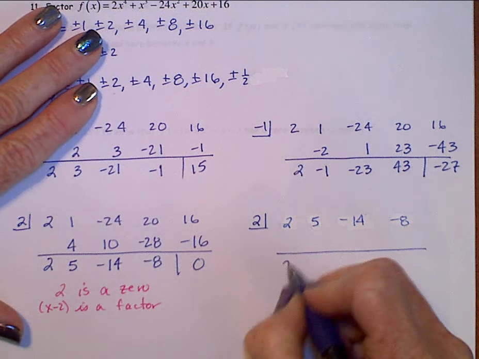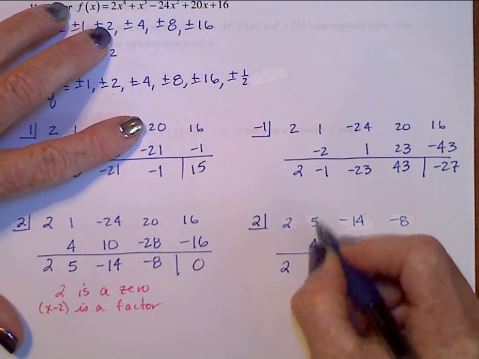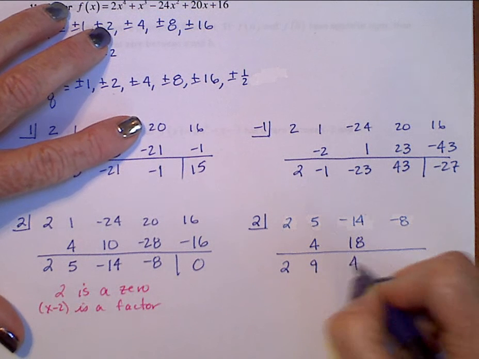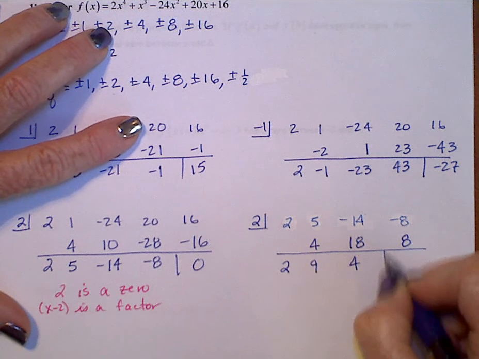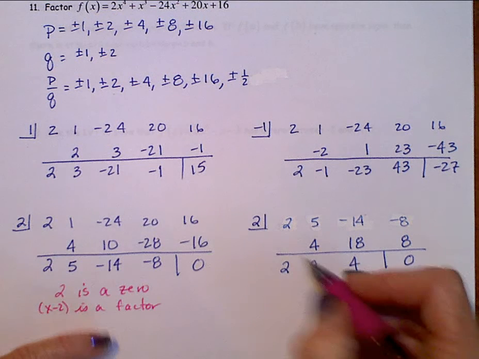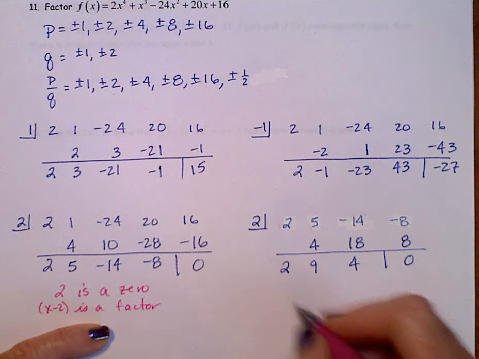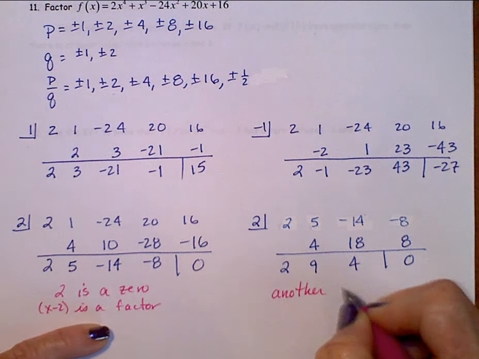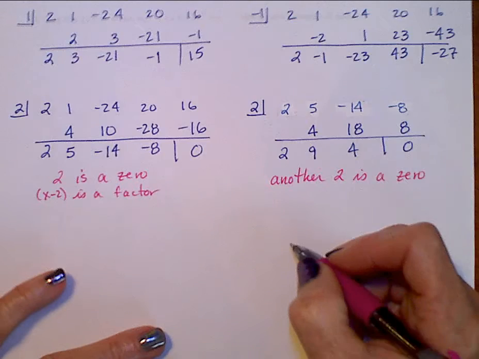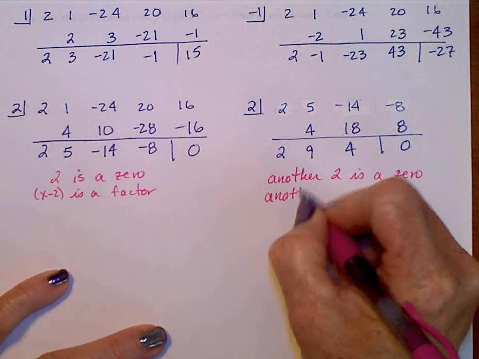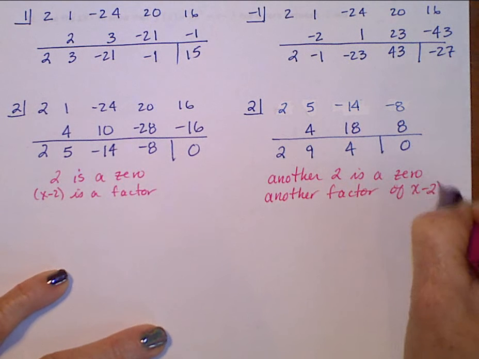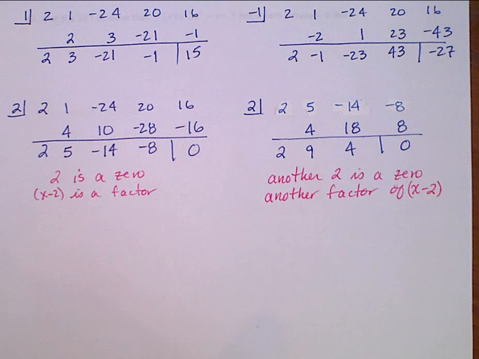Bring down 2, multiply, that's 4. Add, that's 9, multiply, 18, add, that's 4, times 2 is 8, remainder 0. Yay! All right, so what does that mean? That means another 2 is a 0. So we have another factor of x minus 2.